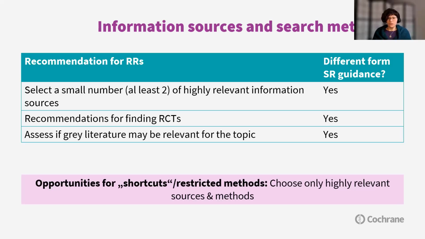It's really important that these information sources are very relevant to the research question. You might notice a difference in wording here. We write information sources. This is a difference to the overall Cochrane Rapid Review Guidance, which recommends 2 bibliographic databases. 2 information sources in this case could also be 1 bibliographic database and 1 supplementary search method.